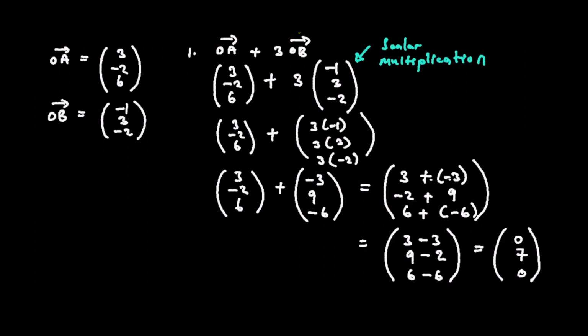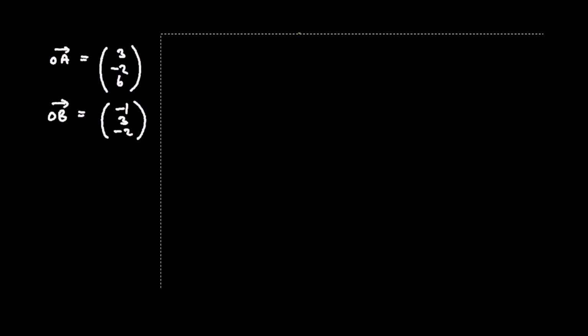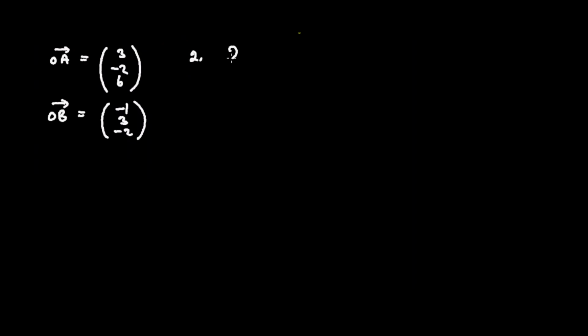Okay, we also do have a number 2. So let me remove this part to usher us into this number 2. So for our number 2, it says 2OA minus 3OB.